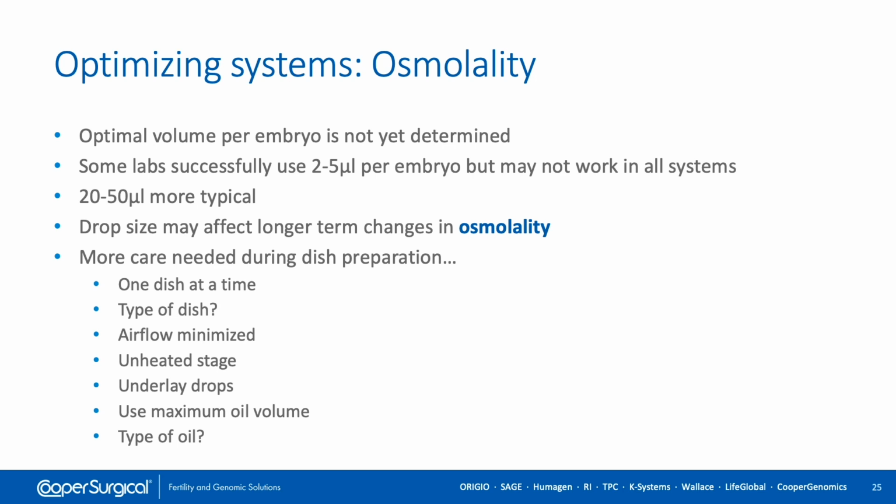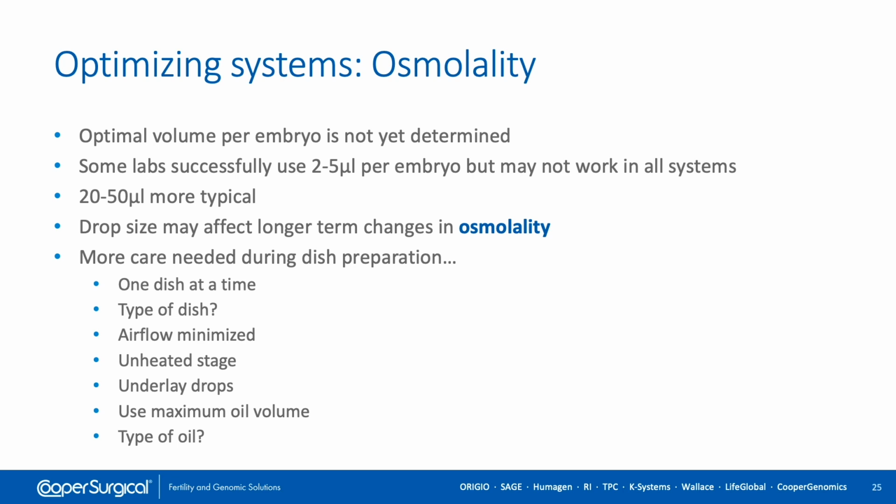Underlay drops where possible. This extends the time of making dishes, but is certainly the best and least risky way of producing droplets. Use the maximum amount of oil that the dishes will allow without causing oil sealing of the lid on the dish, and the type of oil should be assessed to use the best that is available for you in your laboratory.